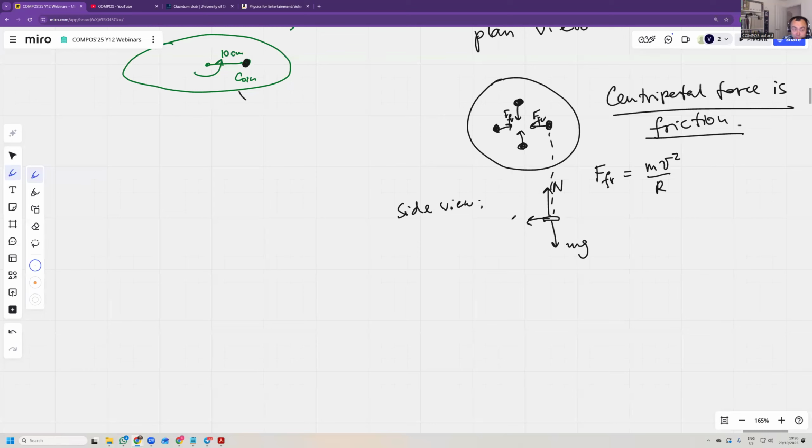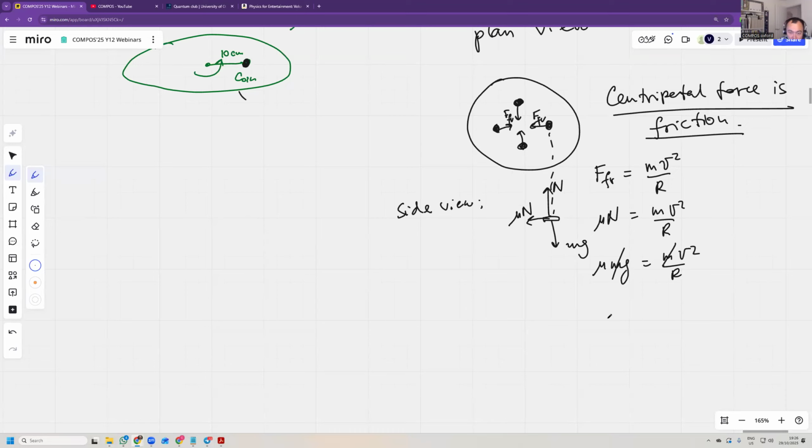With the frictional force, we know that it has a limiting value of mu N. So mu times the normal reaction force is mv squared over r. And N is mg. So mu mg is equal to mv squared over r.